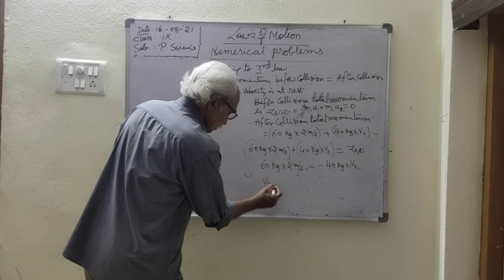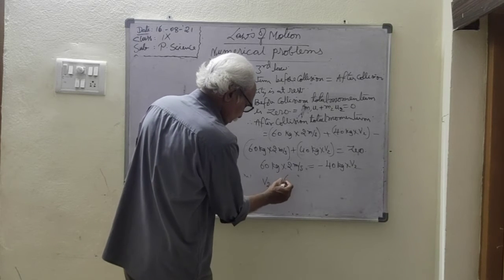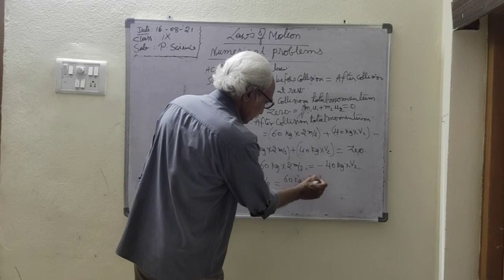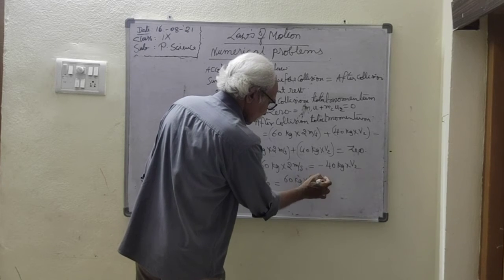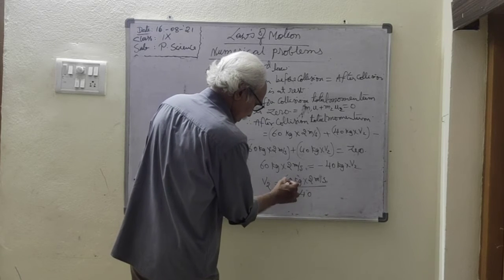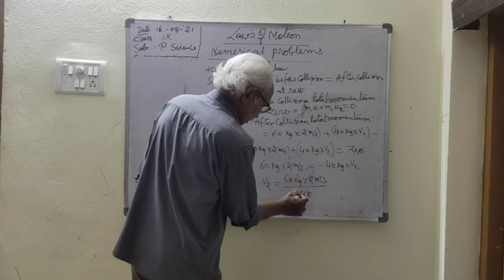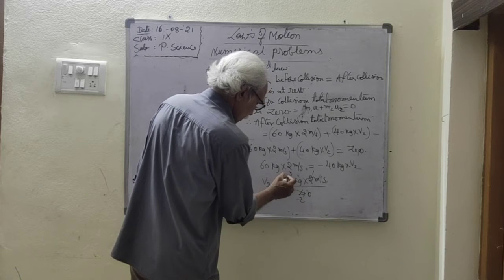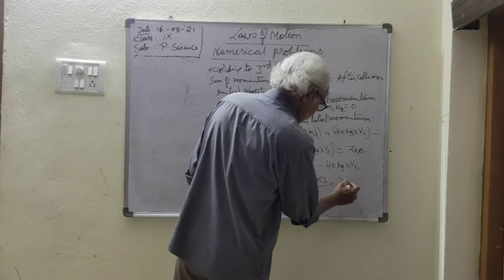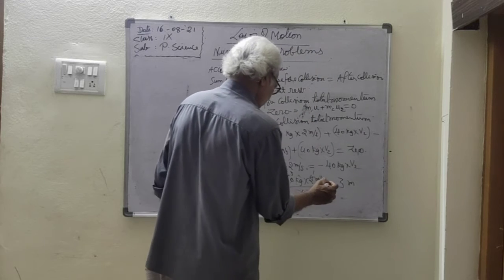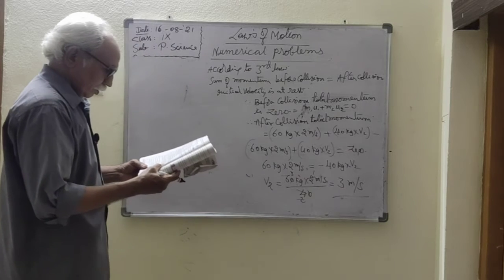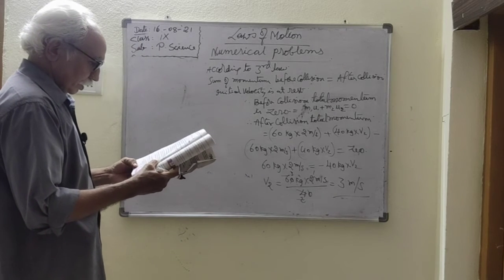Then v2 is equal to 60 kg into 2 meters per second by 40. The zeros cancel, 2 ones are 2, 3 ones are 3. The answer is 3 meters per second.